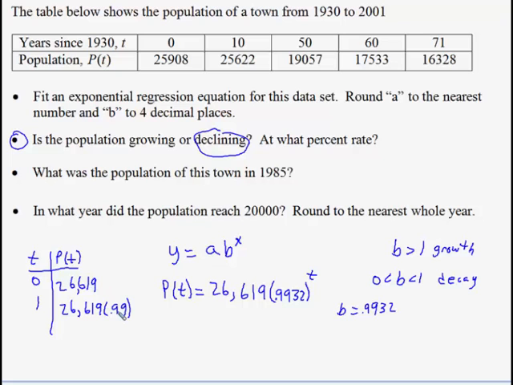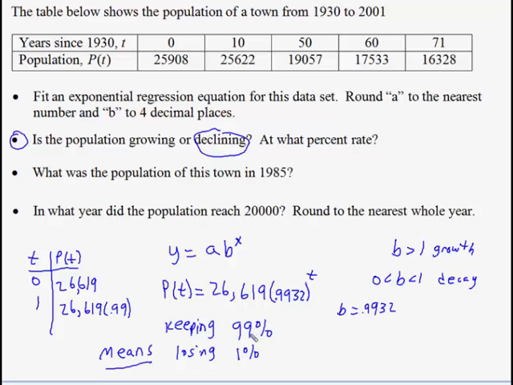If you're only finding 99% and not all of the previous population, that means you're losing some of the population, so it's declining. Keeping 99% is the same thing as losing 1%. So it's declining at about 1%.